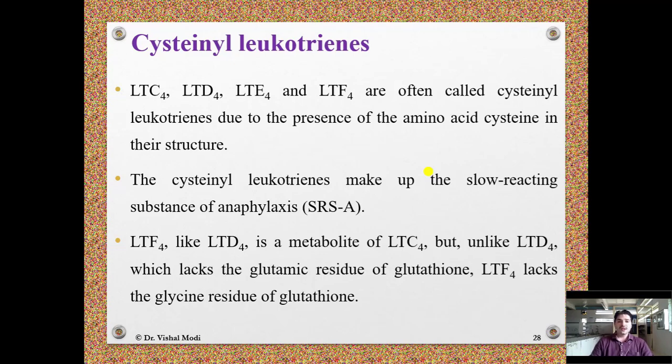Leukotriene F4, like leukotriene D4, is a metabolite of leukotriene C4, but unlike leukotriene D4, which lacks the glycine residue of glutathione, leukotriene F4 lacks the glutamic residue of glutathione. So this is the basic structural difference between the leukotrienes, and we have already discussed it in the structures part of leukotriene.